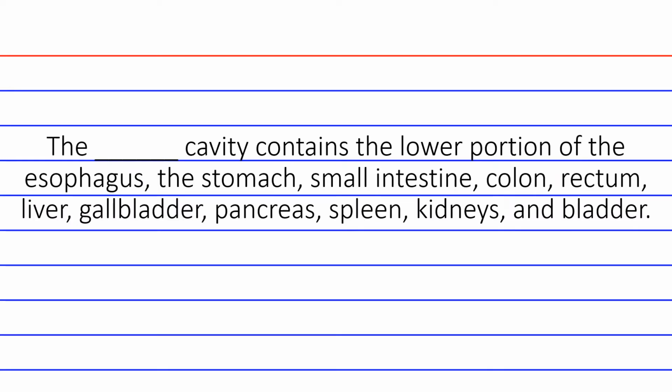The blank cavity contains the lower portion of the esophagus, the stomach, the small intestine, the colon, the rectum, the liver, the gallbladder, the pancreas, the spleen, the kidneys, and the urinary bladder.